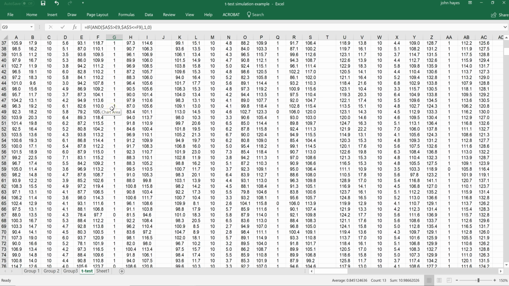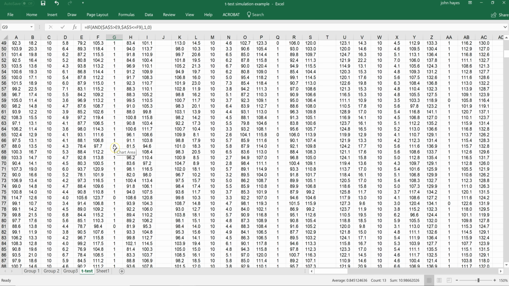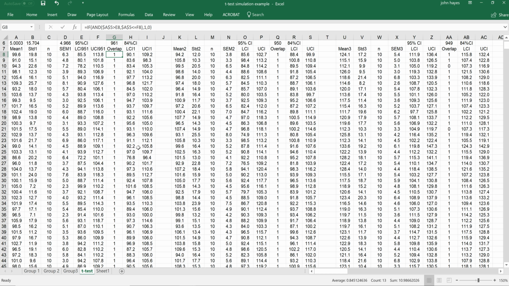But if you come down here, occasionally you'll find a 0, which means the confidence interval was 78 to 97. So that did not overlap 100. So we had a few cases where the 95% confidence interval didn't overlap 100.